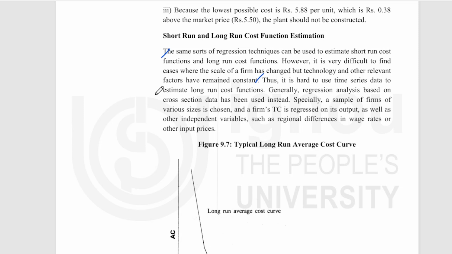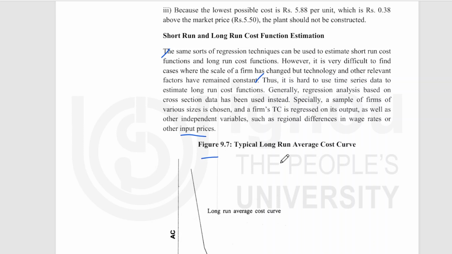And generally, regression analysis based on cross section data has been used instead, especially a sample of firms of various sizes is chosen and a firm's TC is regressed on its output, as well as other independent variables such as regional differences in wage rate or other input prices.